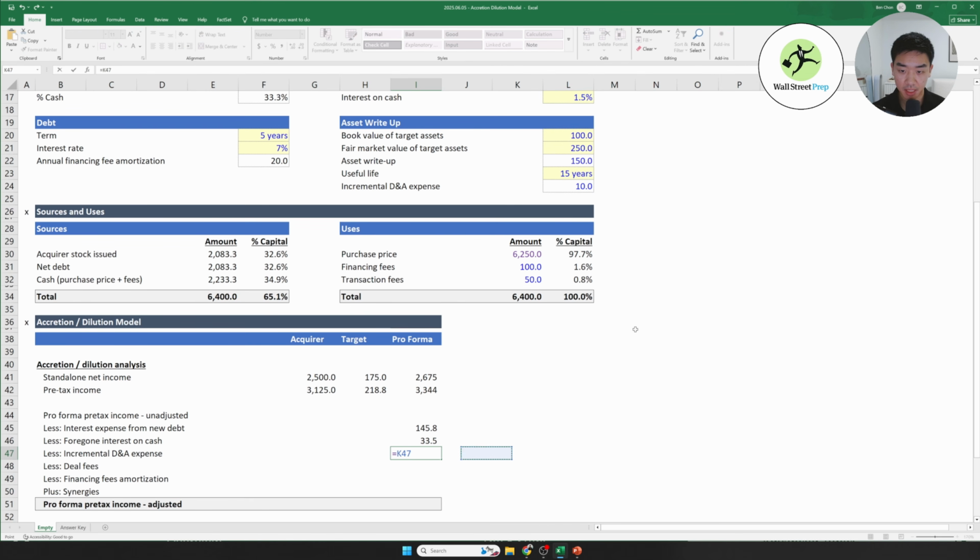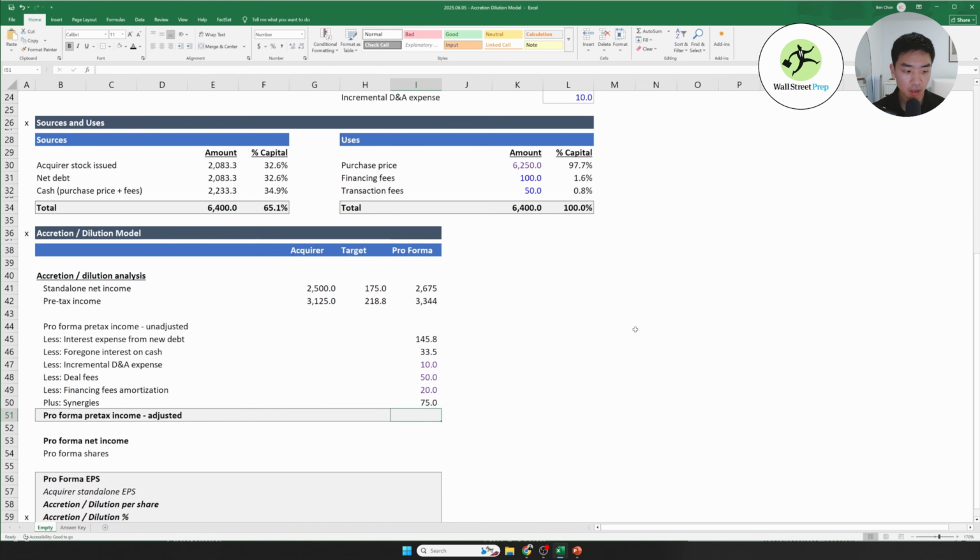Incremental D&A expense is up here at 10 million. Deal fees, so this is your transaction fees. Financing fees amortized is up here at 20 million. Again, we're not taking out the entire amount of the financing fees, we're amortizing it over time. And then plus synergies, we have up here at 75 million.